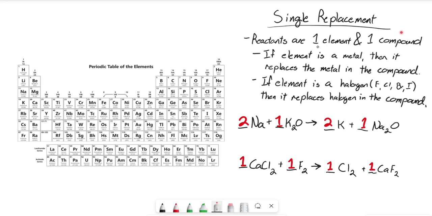The element that was by itself is going to be bonded, and the element that was bonded is going to be by itself. Similarly here, if the element is a halogen, then it replaces the halogen that's in the compound. If one halogen starts out as bonded, it should be by itself as a product. And whatever halogen starts out by itself should be in the compound at the end.